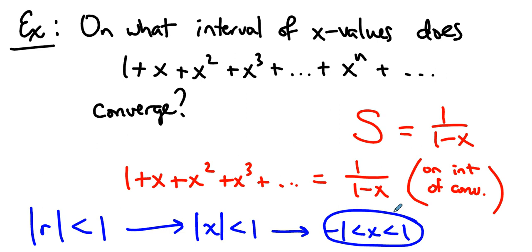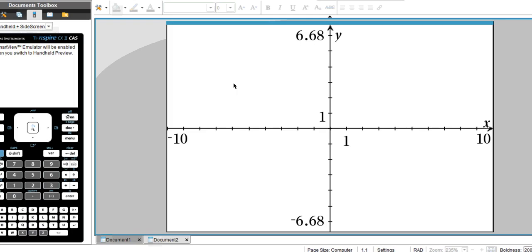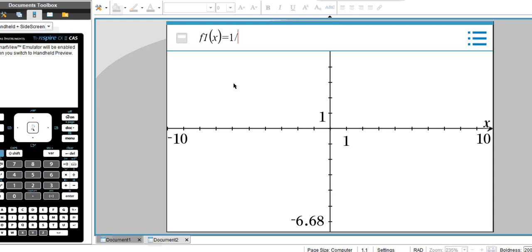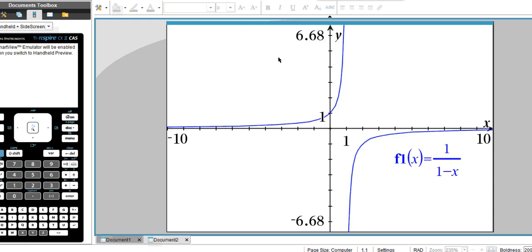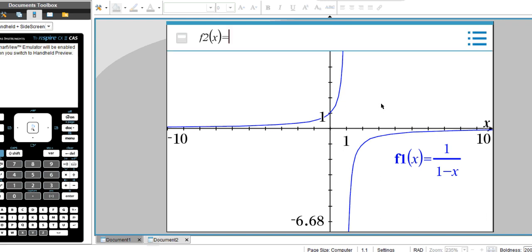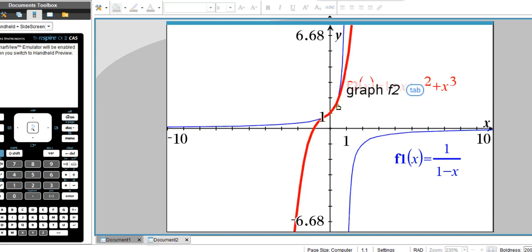But what does that really mean? Well, this is 1 over 1 minus x. If we were to graph 1 plus x plus x squared plus x cubed, well, this red curve snuggles up pretty close to the blue curve in this area and not so much outside.